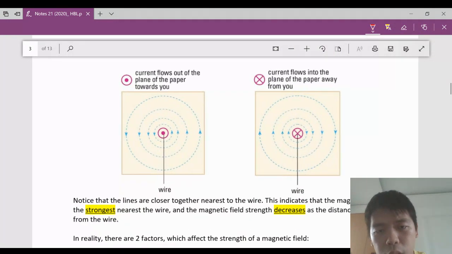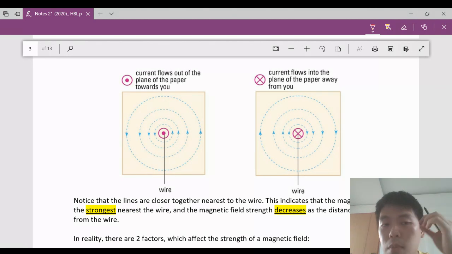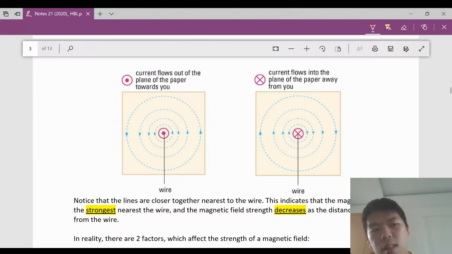But before we go any further, let us talk about two main definitions that we'll use throughout this chapter. When we have an arrow, we have an arrowhead here, and the arrowhead is sharp. If we look from the top, what we see is a sharp area. It means that the arrow is coming towards you.